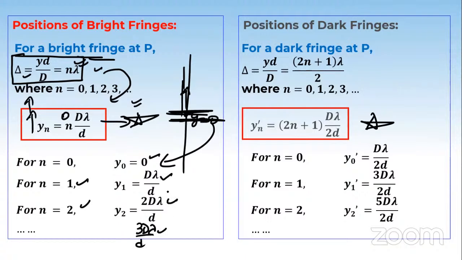These values give us the positions of maximas there. And this equation, y equals 2n plus 1 capital D lambda by 2d, gives you the y position from the central maximum where there will be the dark fringes.